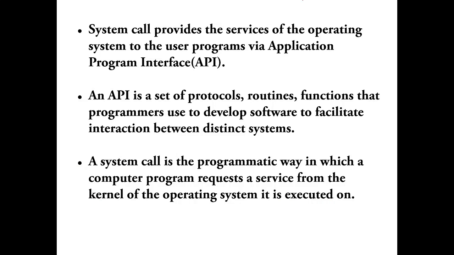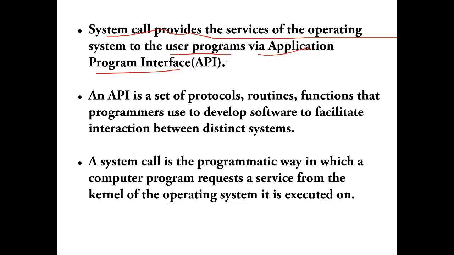Let us see the definition. A system call provides the services of the operating system to user programs through an application program interface. The system call fulfills the request of the user through this application program interface.